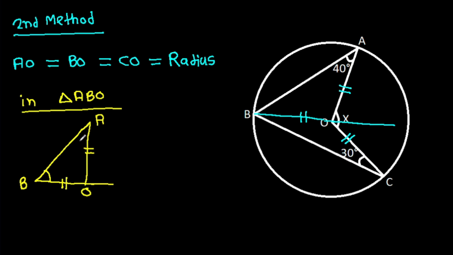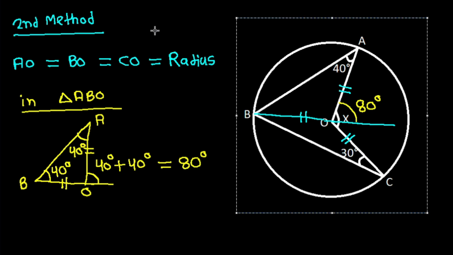That means these two angles will be equal, and this angle is 40 degrees. So this angle will also be 40 degrees. So this angle will be 40 degrees plus 40 degrees, that will be 80 degrees. This angle is 80 degrees.